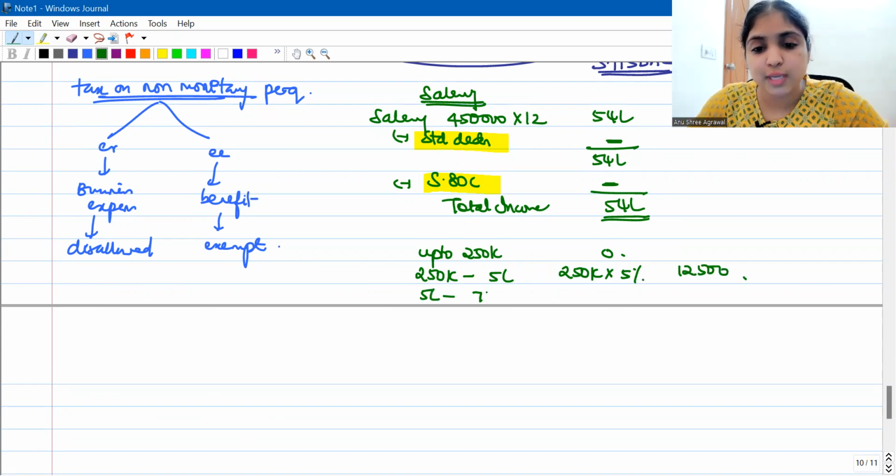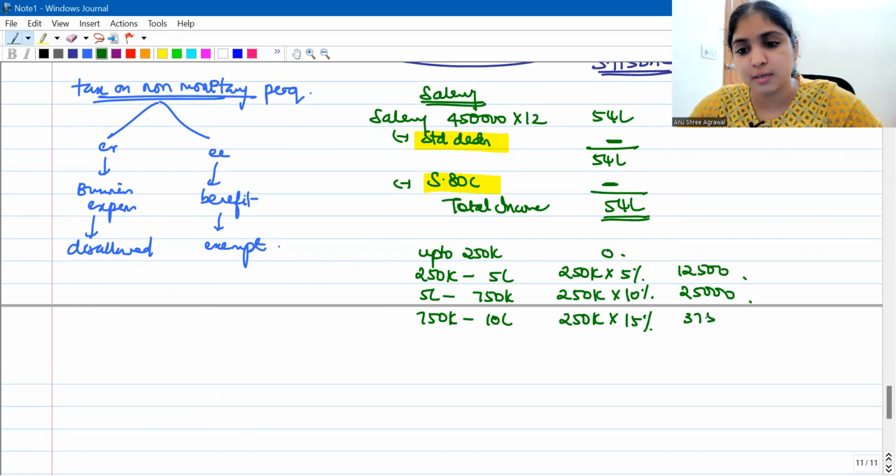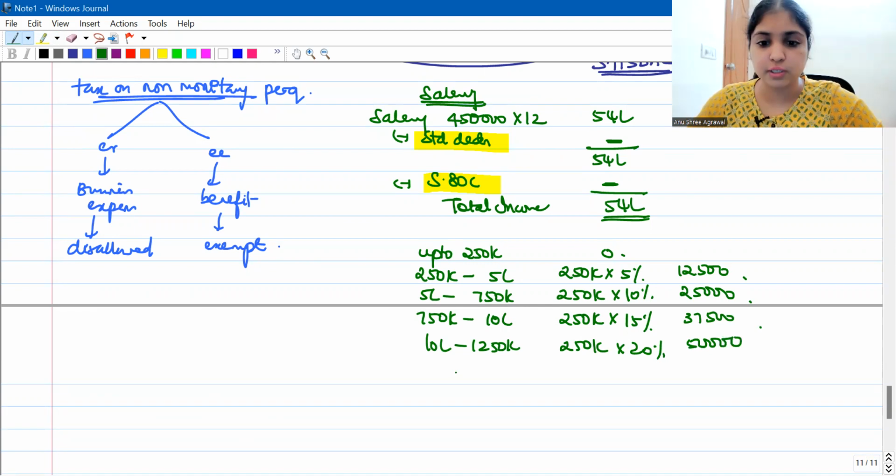Then 5 lakh to 7,50,000, in between we have 2,50,000 income on this 10%, that's going to be 25,000. Then 7,50,000 to 10 lakh, in between we have 2,50,000 income on this 15%, that's going to be 37,500. Then 10 lakh to 12,50,000, in between we have another 2,50,000 income on this 20%, that's going to be 50,000.